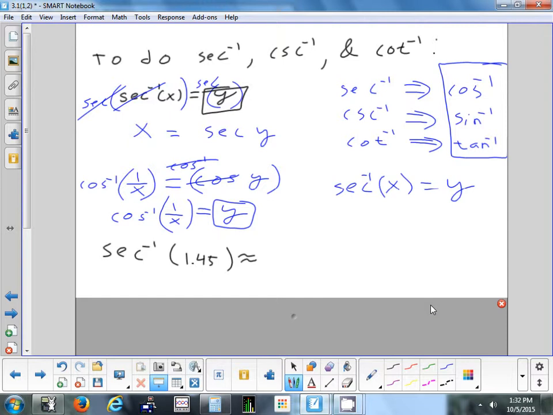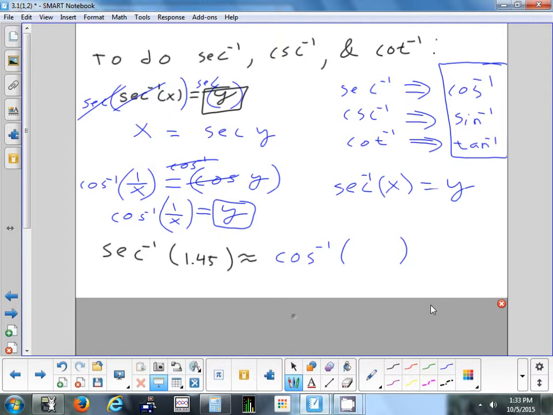Rachel, what do we change inverse secant to? Which trig function? Not cosecant. I mean, that CO thing over. Yeah, inverse cosine. So change it to inverse cosine. And now it's not going to be 1.45.